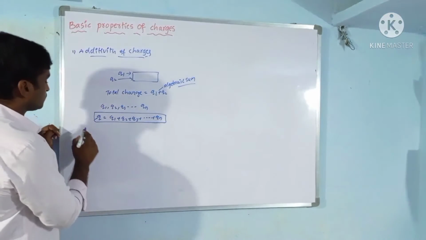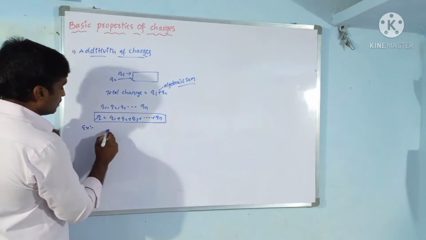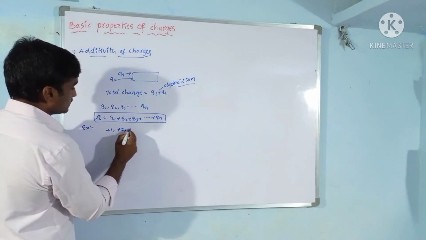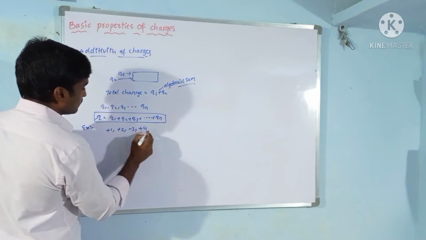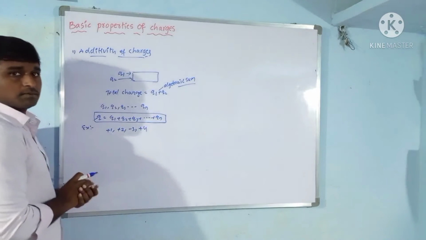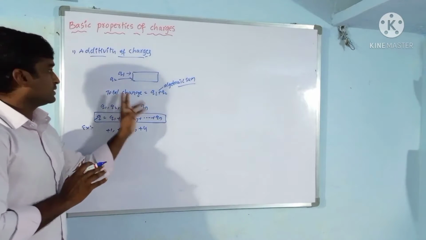For example, suppose a system has plus 1 charge, plus 2 charge, minus 3 charge, and plus 4 charge. What is the total charge of the system?